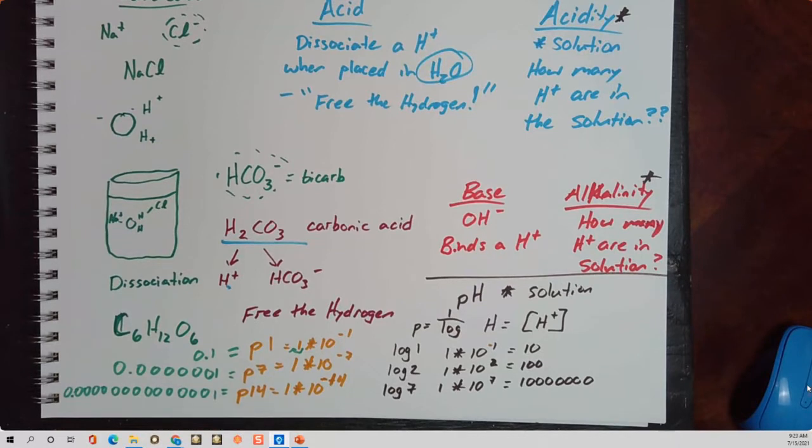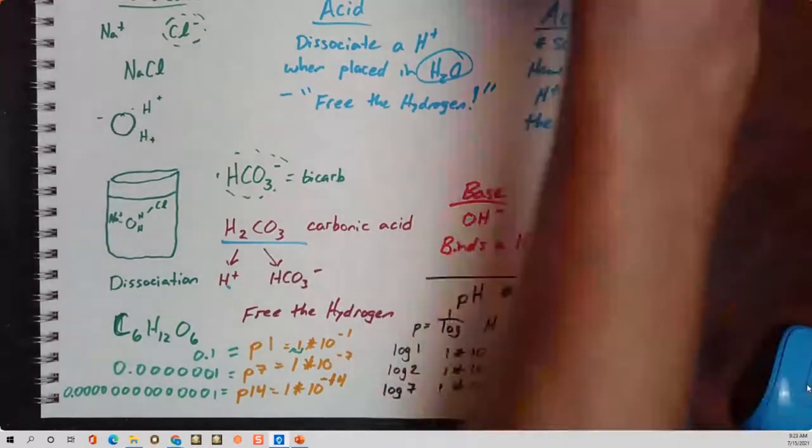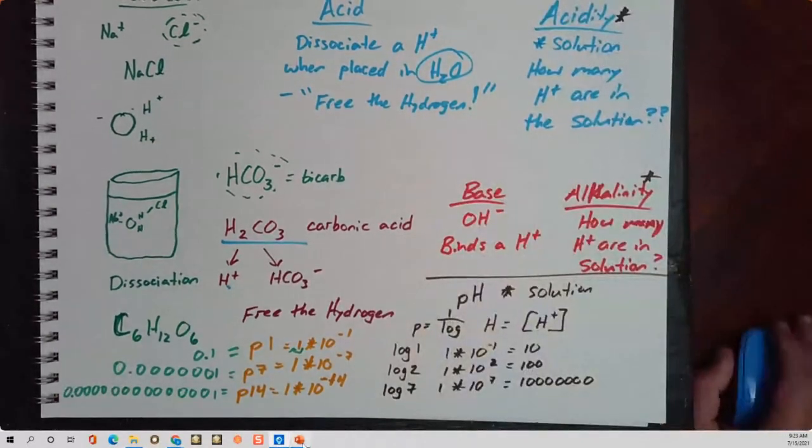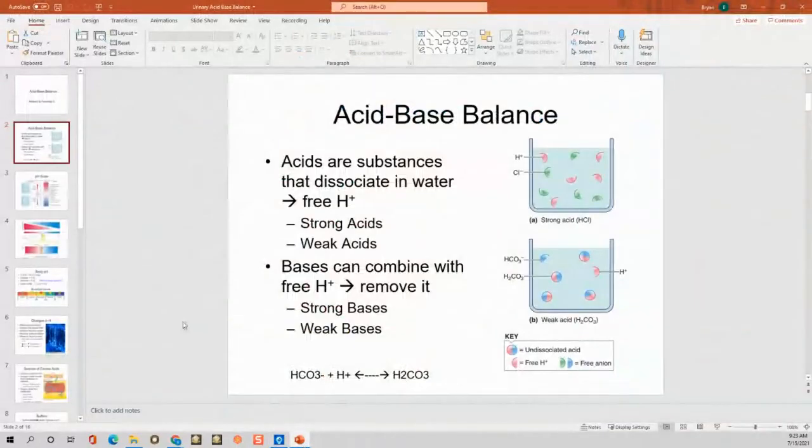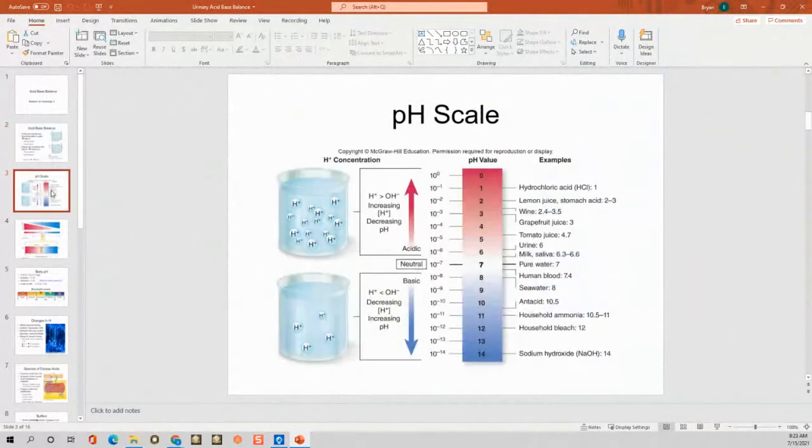Do you guys see how few hydrogens are in a pH of 14, and how many hydrogens are in a pH of 1 relative to one another? And that's all the pH scale is. You guys feel a little bit more comfortable with the pH scale? That's all it is.